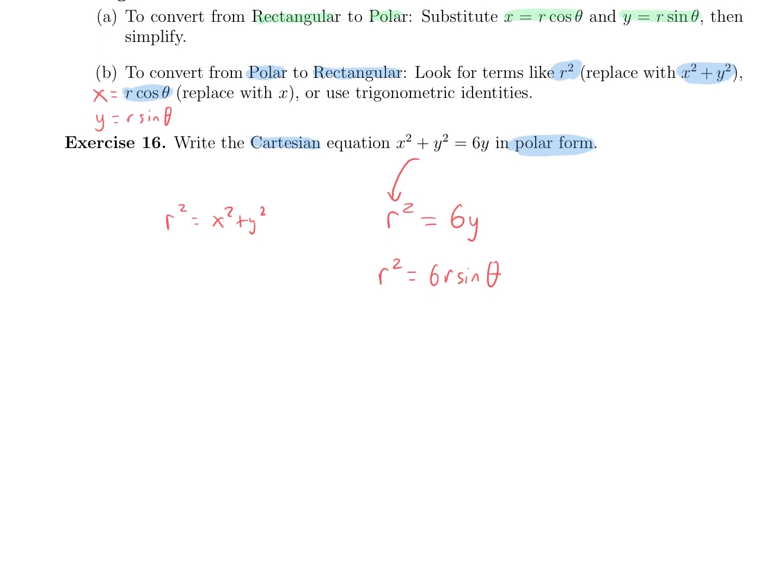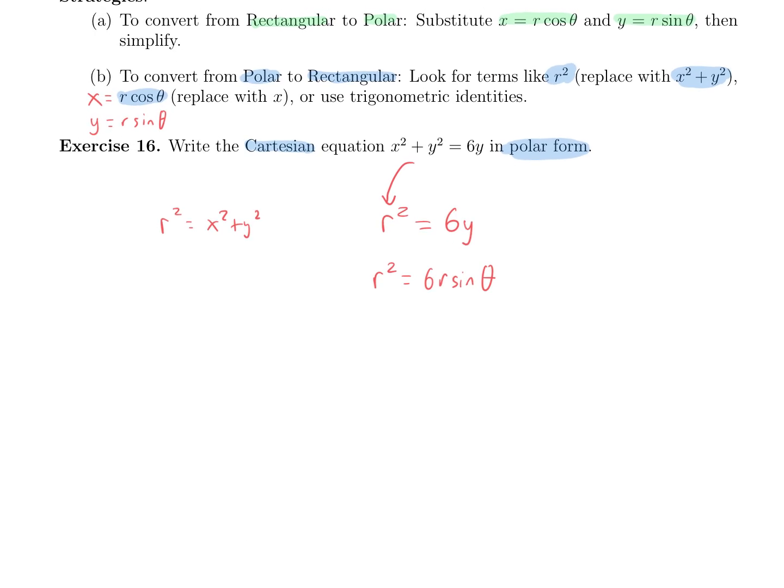Even though we have the equation in polar form, with r's and thetas, they want us to solve for r. To solve for r, you want to set this equation equal to 0 and then factor out the r. So subtract 6r sine theta so that the equation will be equal to 0. We have r squared minus 6r sine theta equals 0.